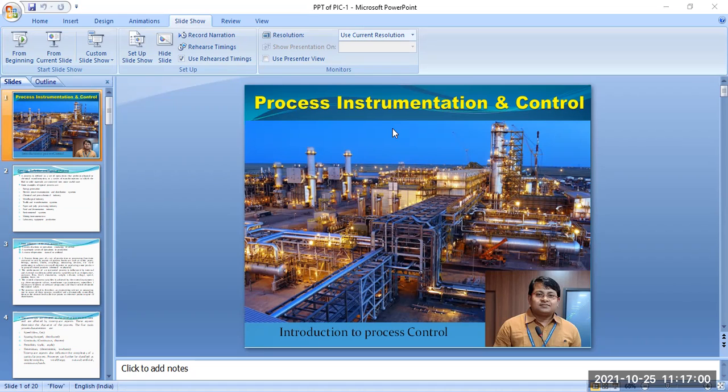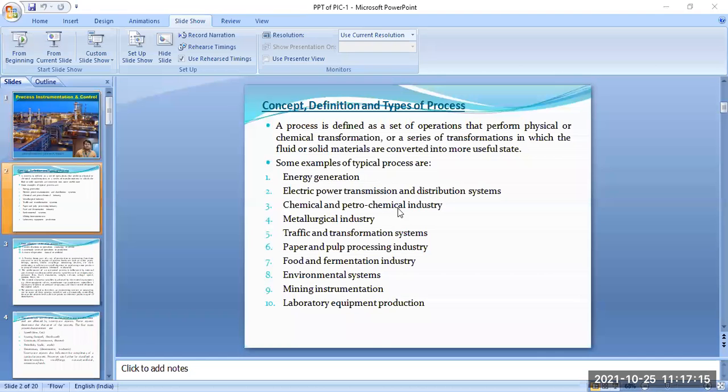There are different types of physical parameters we have to measure, that means level measurement, temperature measurement, and sometimes speed or acceleration.